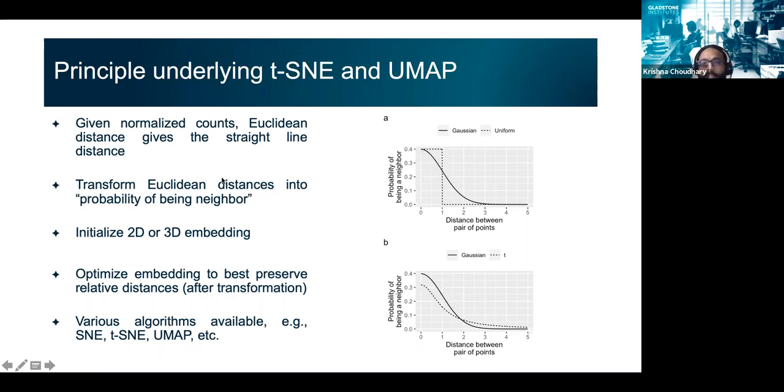Using this kernel function, it converts every Euclidean distance into a probability of being a neighbor. And you can look up the math in more detail if you are interested, using the references in the description. But if 2 points are very close, they are very likely to be neighbors. And if they are very far away, they are unlikely to be neighbors. And in between, we have a smooth transition from being a neighbor to not being a neighbor.